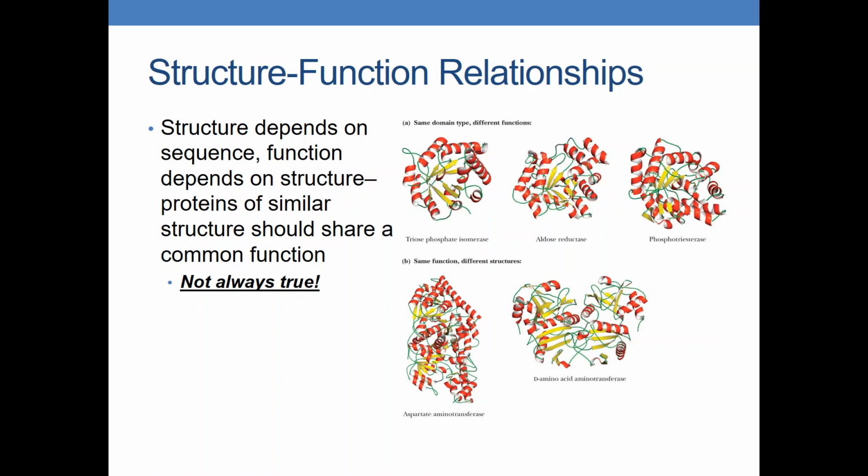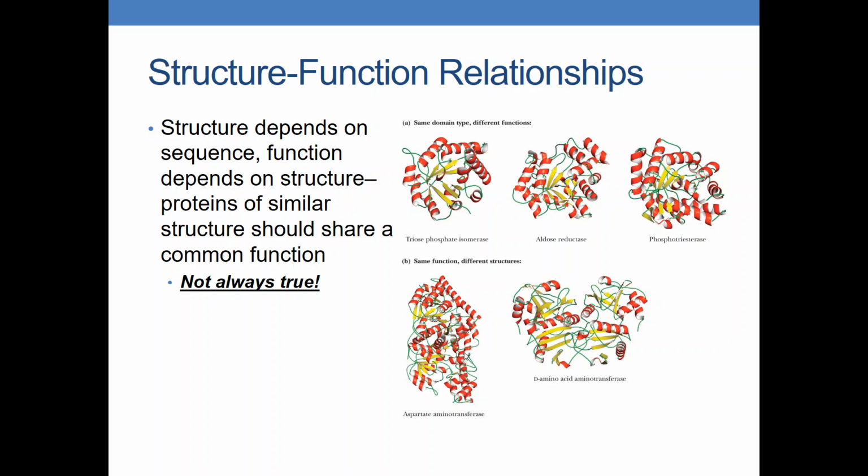They're considered to be the same domain type. They have different functions. 3 proteins, same domain type, but 3 different functions. They catalyze 3 different reactions. That is very interesting because here, what that means is that the similar structure does not lead to a common function. And this is a consequence of evolution. We have evolutionarily diverged, and that's what you're seeing here.